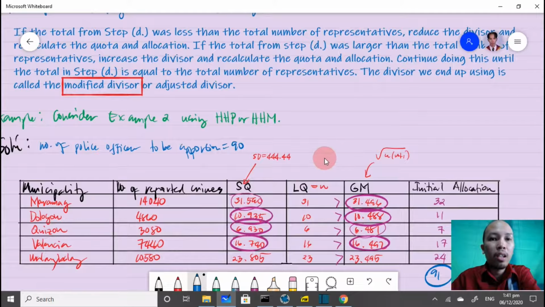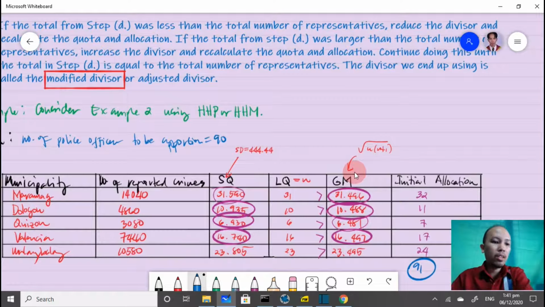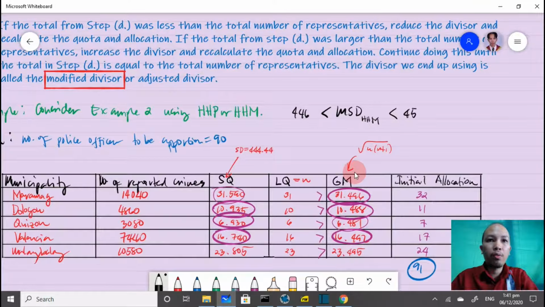But I've already solved this one. What I've noticed is that the modified standard divisor for the Huntington-Hill method is between 446 and 451.